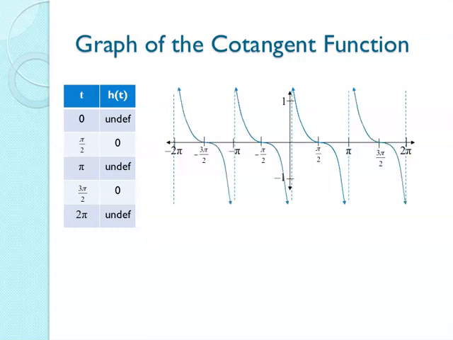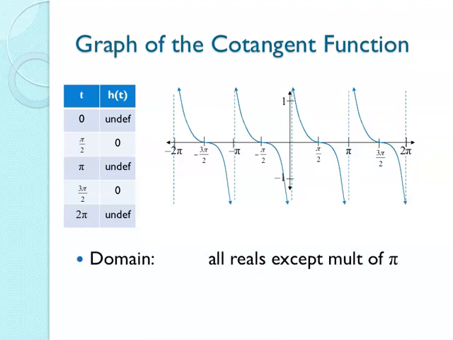All right, so now let's go ahead and fill in the rest. The domain is everything except for the vertical asymptotes, which are at pi, 2 pi, 3 pi, and so on. So all reals except multiples of pi. The range could be anything, right? From -infinity all the way to infinity.